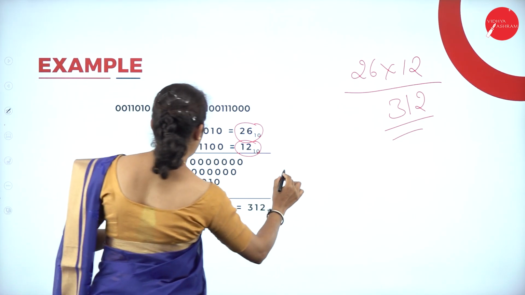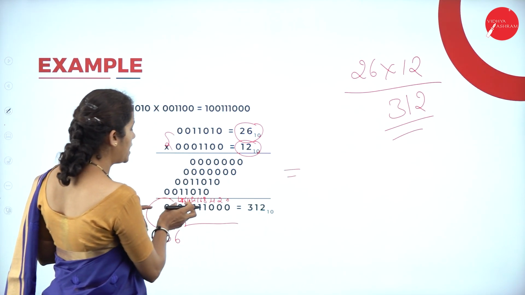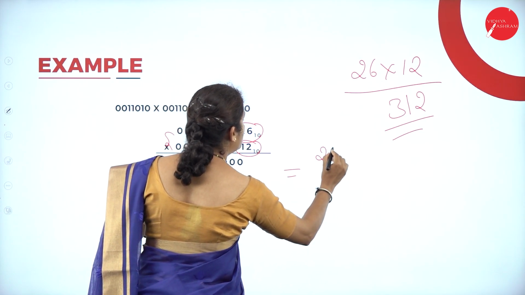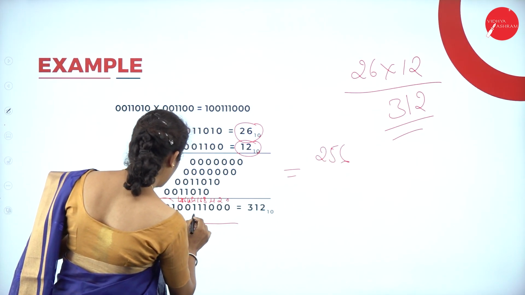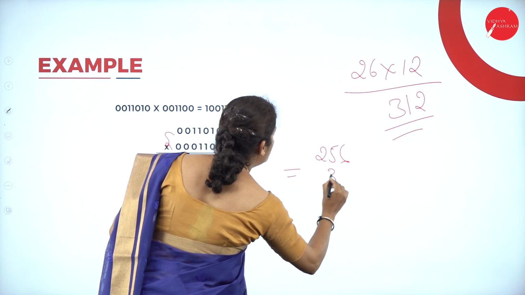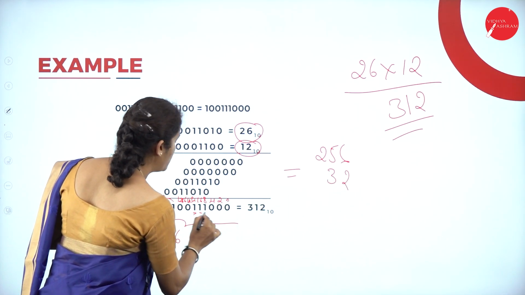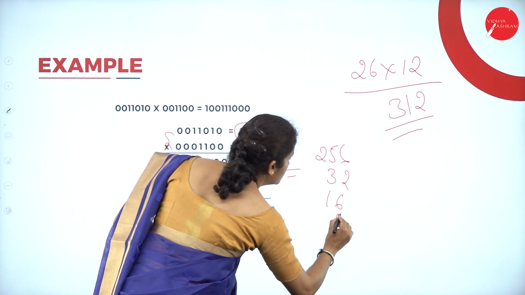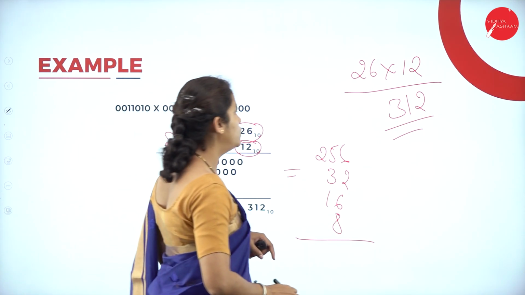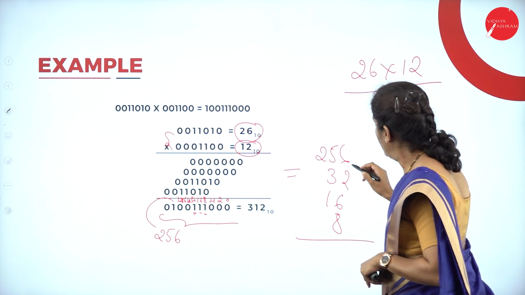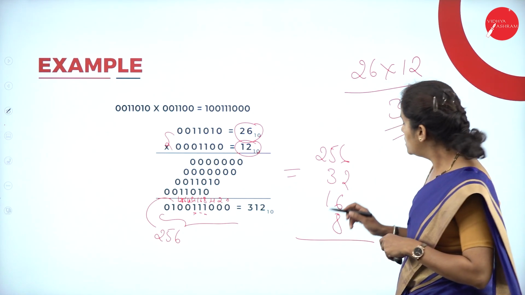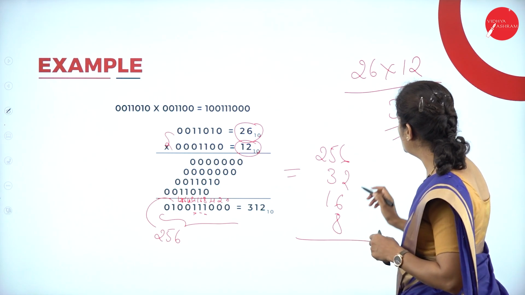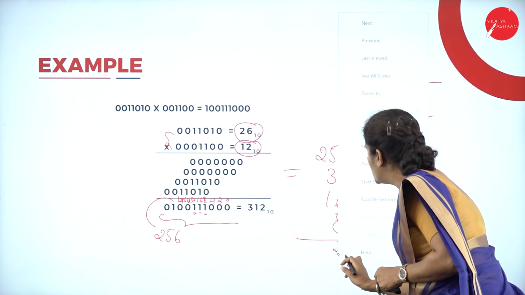So wherever I have 1, I'm going to consider that one. Here I have 256, then here I have 32, then here I have 16, here I have 8. So add all 4 values together. So 6, 6, 12, 12 plus 8, it is 20, 20 plus 2, it is 22.